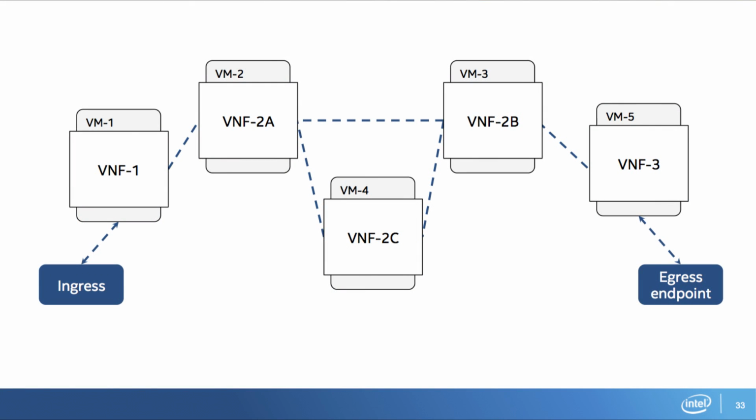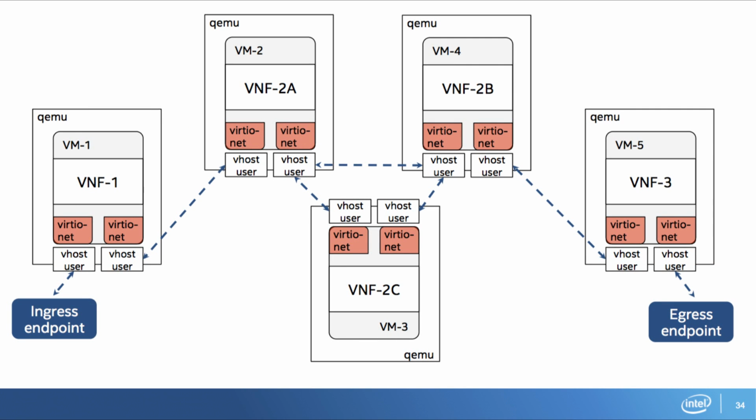So we wanted to achieve this VNF chain with virtual machines and eventually with clear containers. This is one way of implementing the virtual network function. You have packets getting into the VM. Here, instead of using SRIOV, you're using something called vhost user.